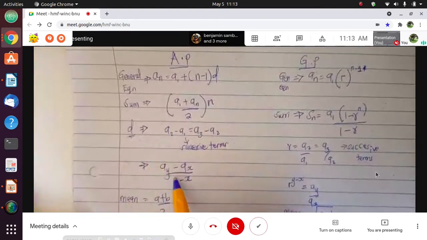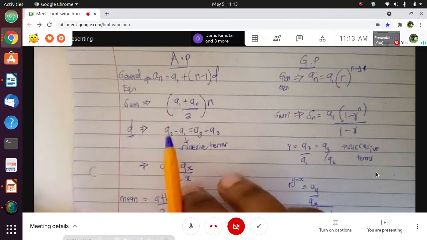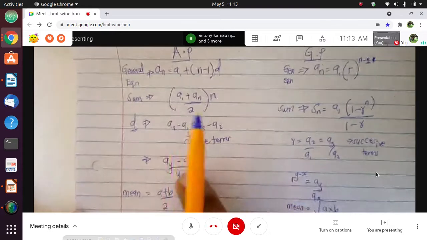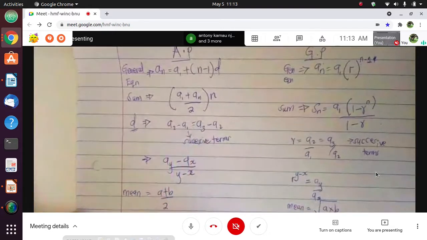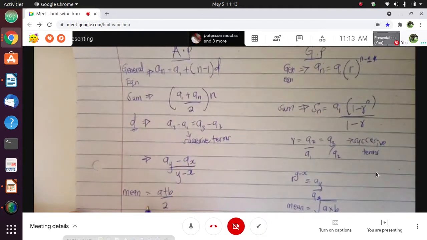If you don't have numbers ambazo zinafuatana, then you can still find the common difference by taking AY minus AX. We will see with examples. Acha hii tutaacha tuone kwa examples. The mean, how do you find the mean? Ama the average. You'll just take that term plus the second term divided by 2.